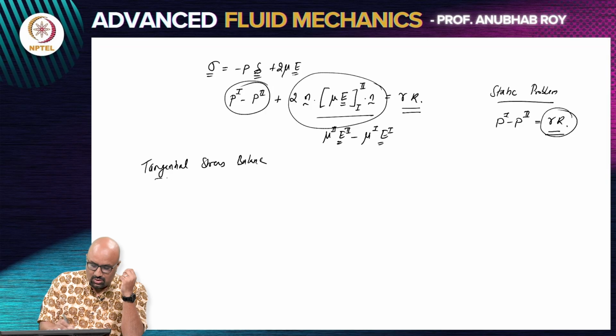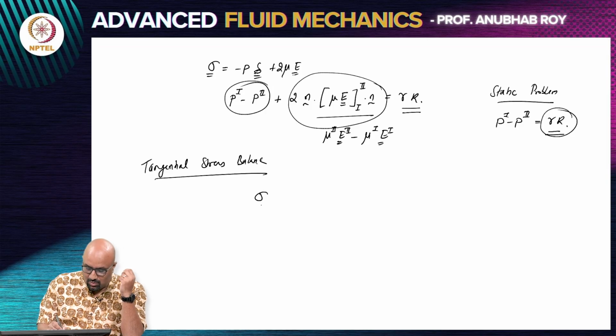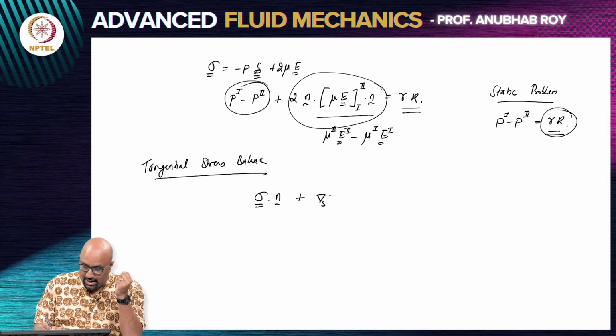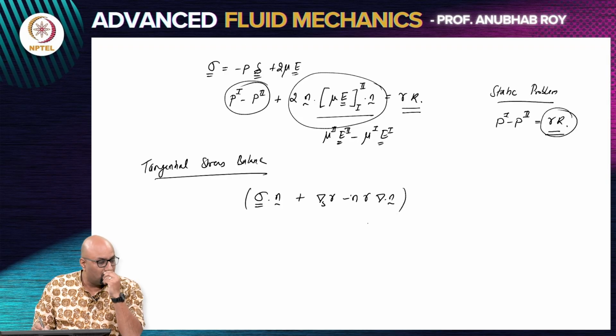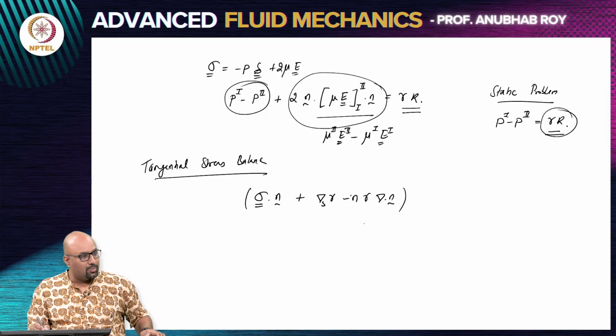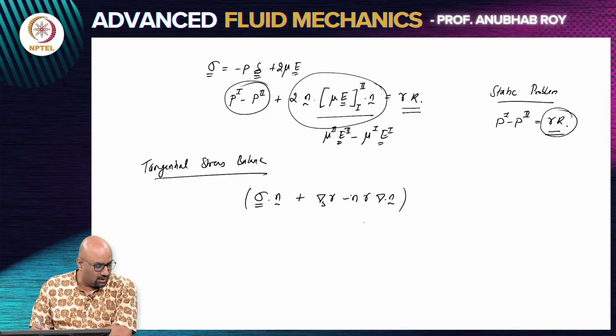would require us to go back to our equation, which was sigma dot n plus grad s gamma, and then we had minus n gamma del dot n. Now, for this, instead of a dot product with the normal, we will take a dot product with a tangent vector.